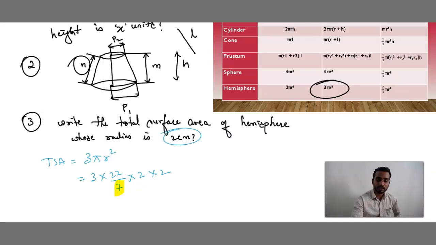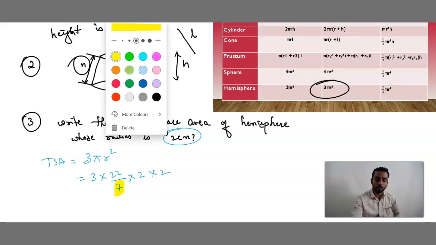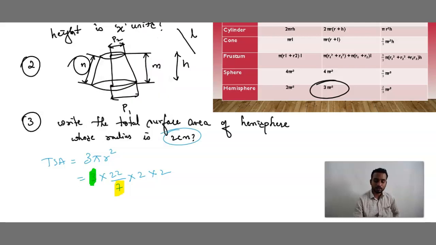Please listen to this step carefully, because this will be very helpful while solving problems. In the numerator, what are the terms here? 3, 22, 2, 2. Do you think the denominator 7 is cancelable with any of these numerators? Can 3 be divisible by 7?